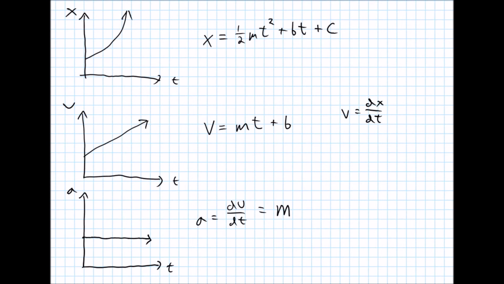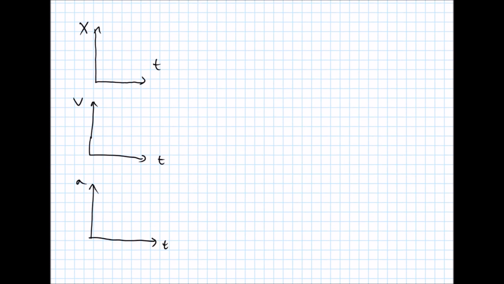Let's try another. So let's say this time we start with the position graph, and it looks like this. Now we've got a linear position function. So it'd be some sort of simple slope. And, well, we know all we have to do to get to velocity is take the derivative.